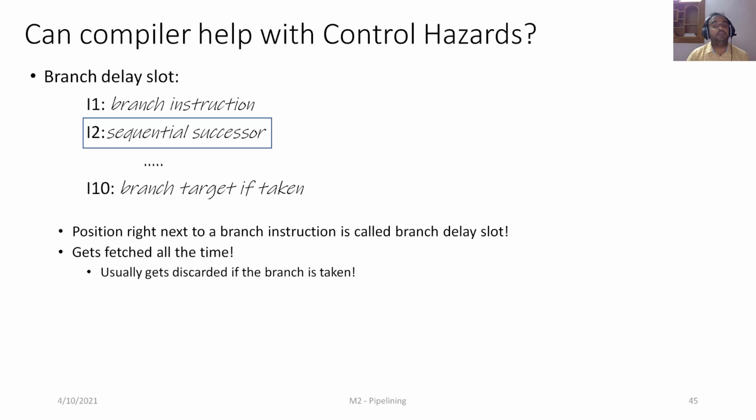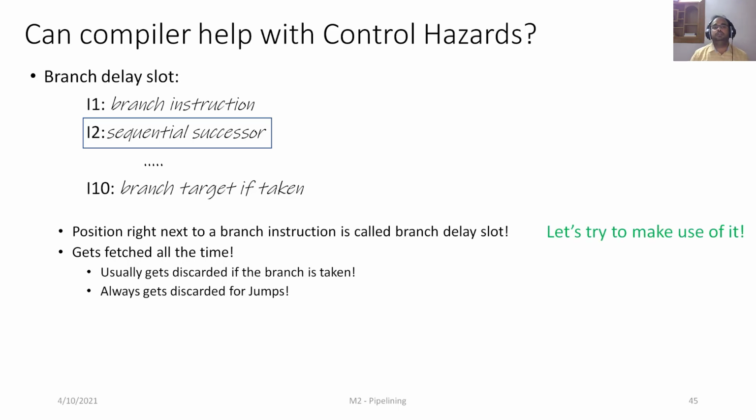Now if the branch was taken, then this fetched sequential successor will get discarded. And for jumps, which will always go to the target address, this sequential successor will get discarded no matter what.